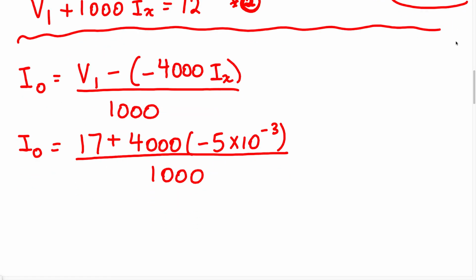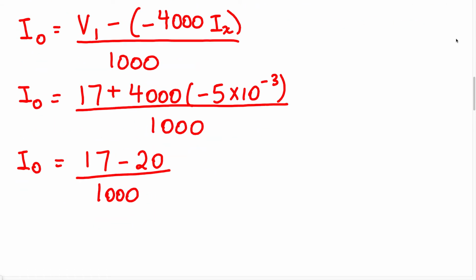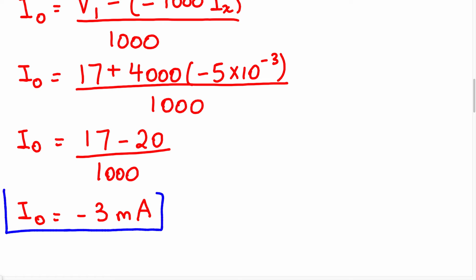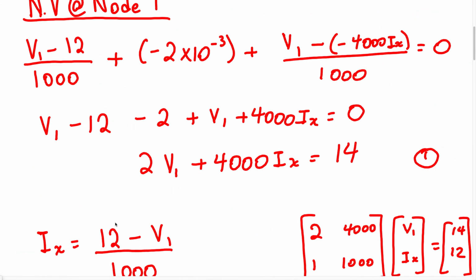When we simplify, we get IO equals 17 minus 20 divided by 1000. When you solve for this, IO equals negative 3 milliamps. This is going to be our answer for the current flowing through that branch. IO equals negative 3 milliamps.